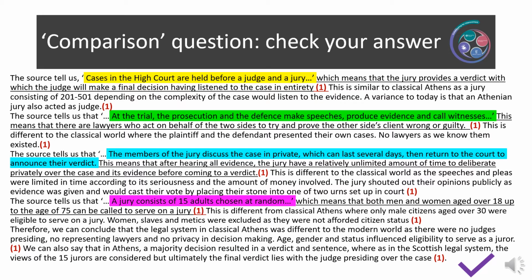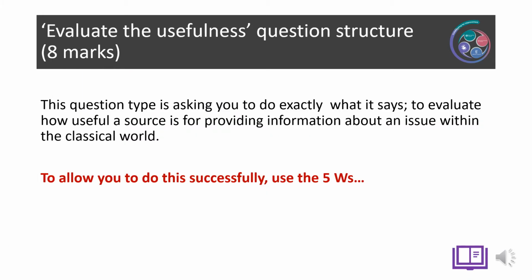We will now move on to the evaluate the usefulness question structure, which is worth a maximum of 8 marks. Now, this type of question is asking you to do exactly what it says. You are going to be evaluating how useful a source is for providing information about a given issue within the classical world.